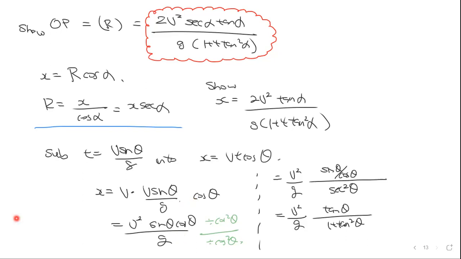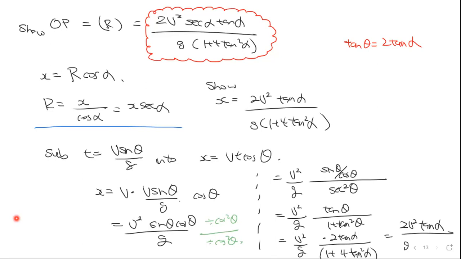And if you think about what we proved earlier, in part 1, we've already proved that tan theta equals 2 tan alpha, which then, of course, means we can use that identity to get v squared over g times 2 tan alpha, all over 1 plus 2 tan alpha all squared, which is 4 tan squared alpha, which then, of course, gives us what we want, 2v squared tan alpha over g, 1 plus 4 tan squared alpha.